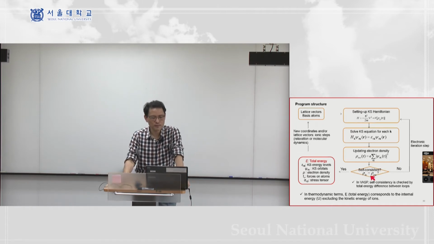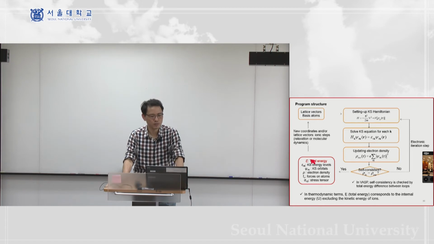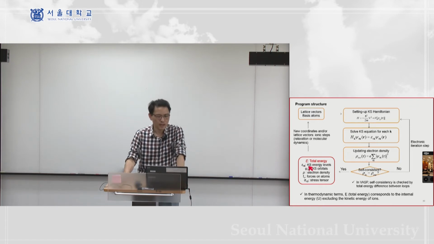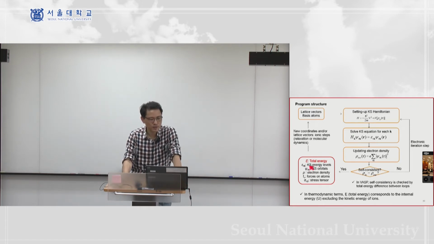So now what we have from this result is, first, the total energy, which is actually the most important thing that we get from this calculation. In materials science or thermodynamically, it is the internal energy of your system. Besides that, we have the quantum energy levels and the quantum orbitals.